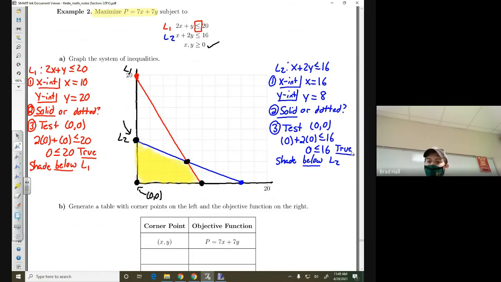What point does that correspond to? If anything, that point is right next to the L2 line, and this point lies on the y-axis. So in other words, this point is the y-intercept of your second line. Wait a minute, we found the y-intercept of the second line. It's 8. So that would tell you that this is 0, 8.